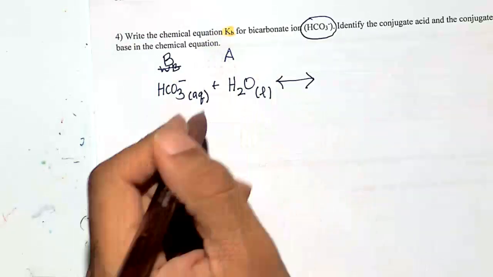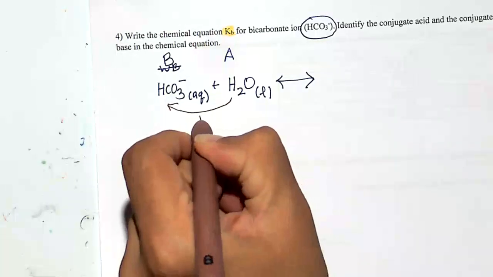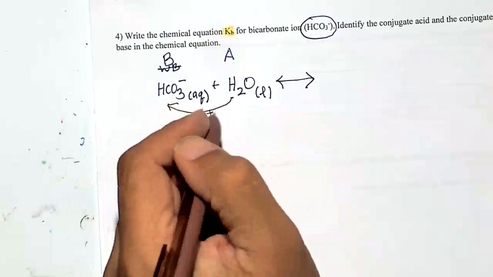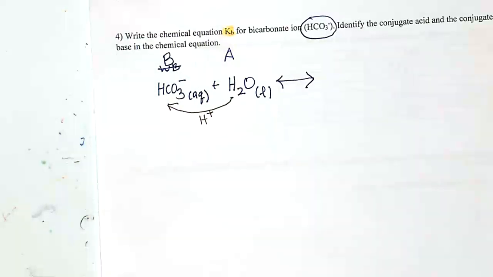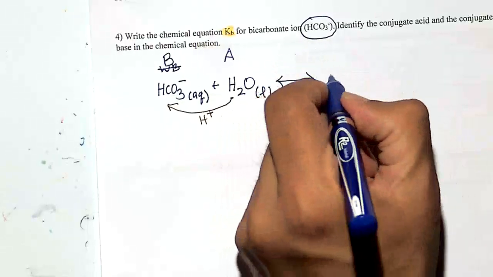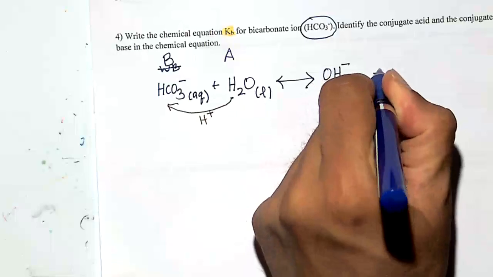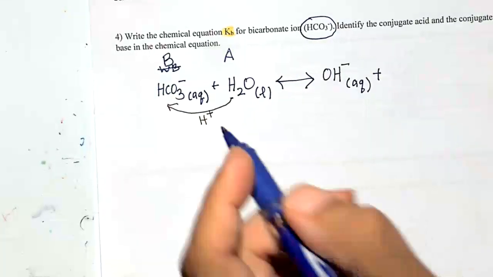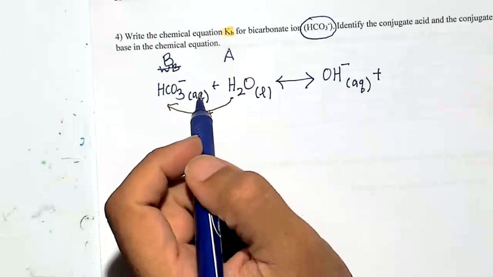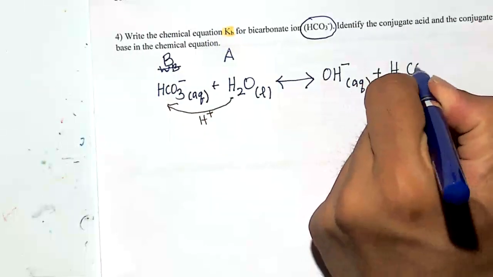Brønsted bases take protons, and when it does, this H2O that gives off the proton becomes OH minus. And this HCO3 minus, bicarbonate, picks up that proton and it becomes H2CO3.